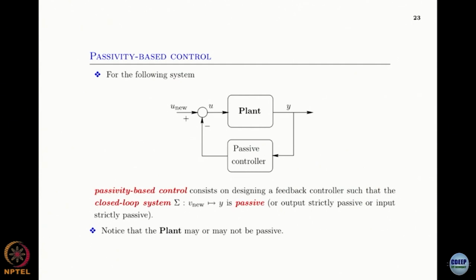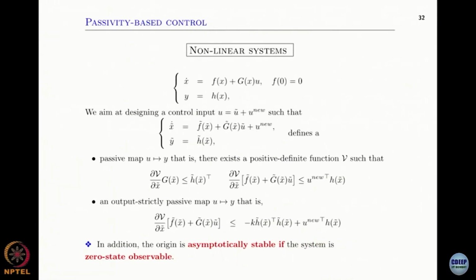And if you want, in addition, asymptotic stability of your closed loop system, you will want this passivity to be strict. If you have seen these inequalities for nonlinear systems, what we are going to try to do is design U so that in closed loop you still have a passive system.